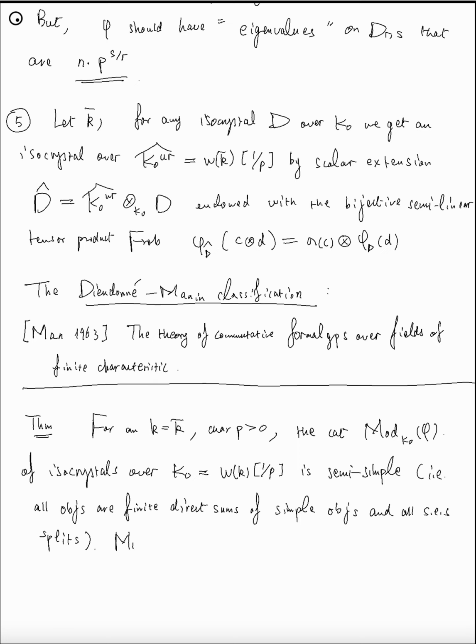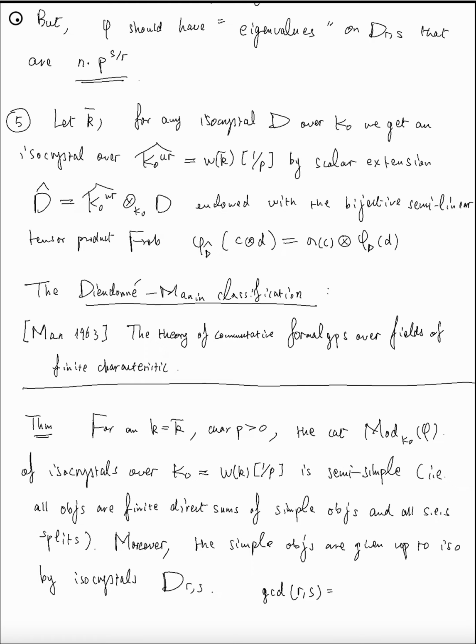Moreover, the simple objects are given up to isomorphism by the isocrystals we just described in the examples above, D_{r,s}, with greatest common divisor of r and s equal to 1. So it's a rational number.